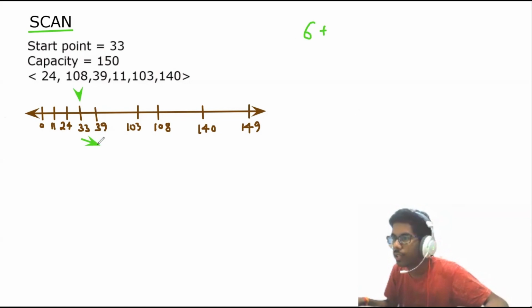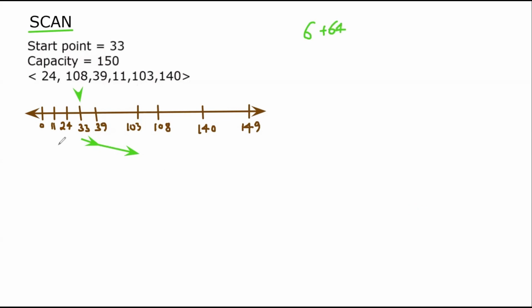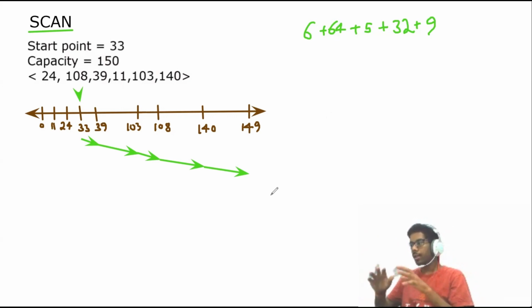And now we keep going and then hit the end. So now we turn around and attend the rest of them.